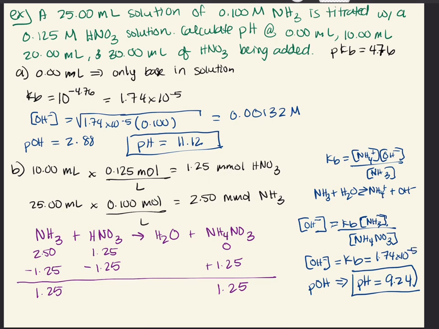All right, notice I did not use the Henderson-Hasselbalch equation. If you wanted to use it, you could, but you would just have to change your Kb into Ka and then convert it to pKa. And in this case, since you have equal parts conjugate acid and base, you are going to have your pKa equal to your pH.